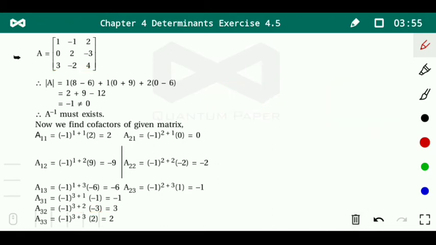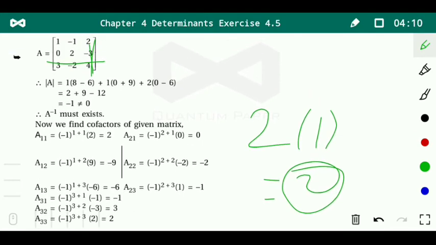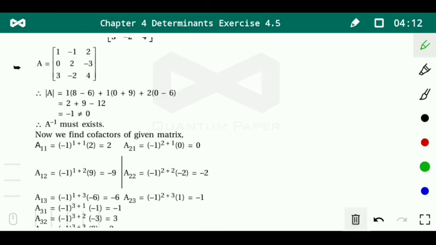And last we find capital A33. We remove third row and third column. So it will be 2 ones are 2 minus 0. So 2 multiplied with 1, 2 ones are 2. So our answer is 2. Is it clear?